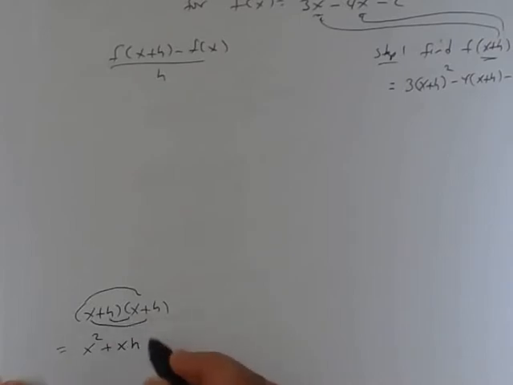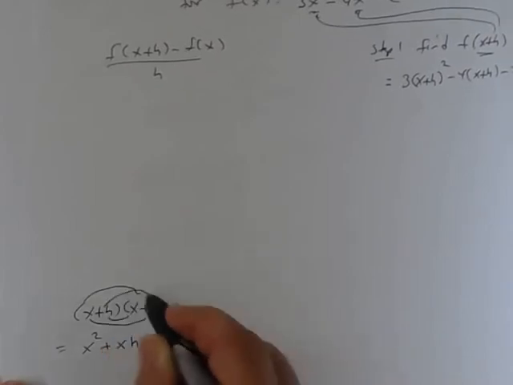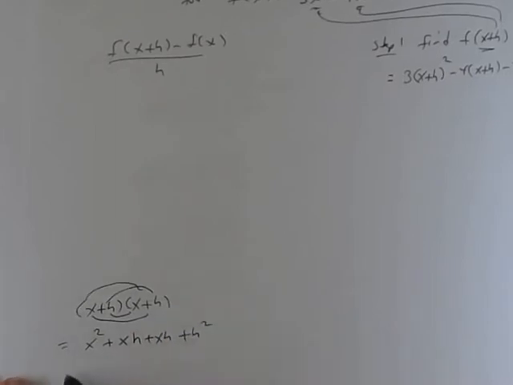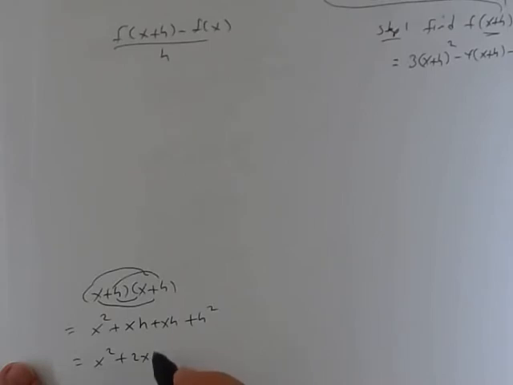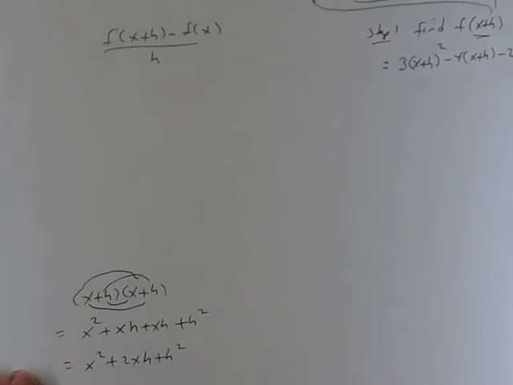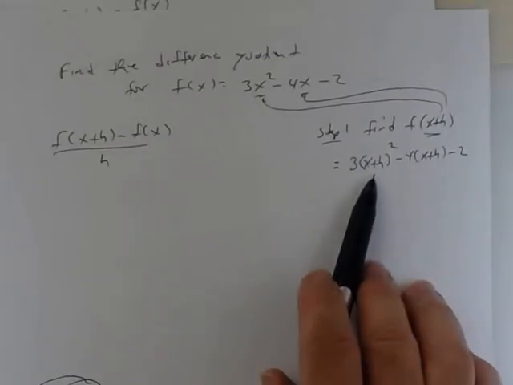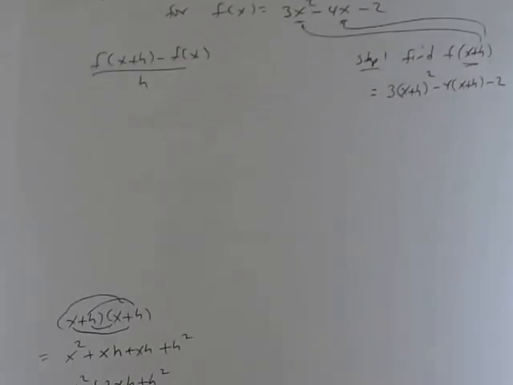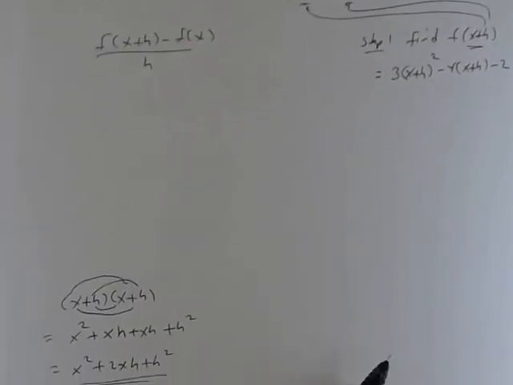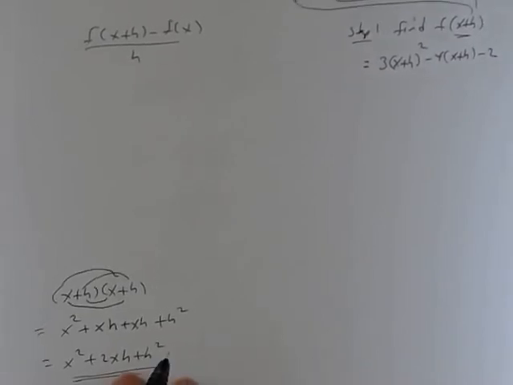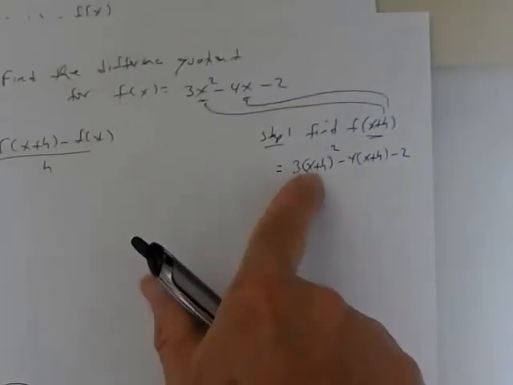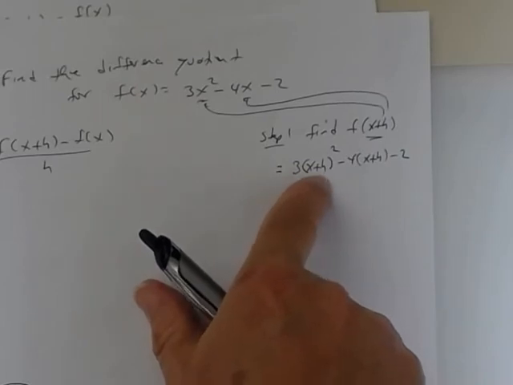XH. What's the inner? And what's the last? Combine like terms, what do you get? All right. So that's what x plus h squared is always going to be. It's always going to be that right here. So now I take this trinomial and I replace it here.